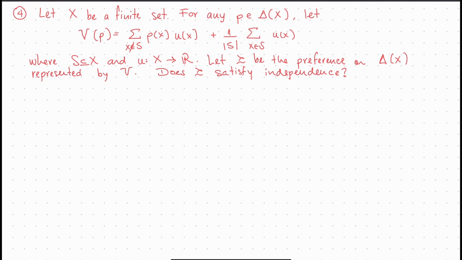Let X be a finite set of alternatives, for any set of probabilities on X, where P and Q are lotteries, and we want to prove that this preference relation has an expected utility representation.